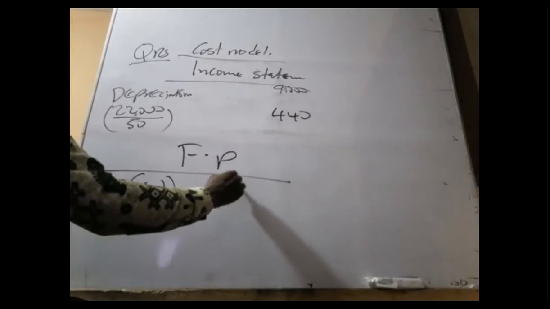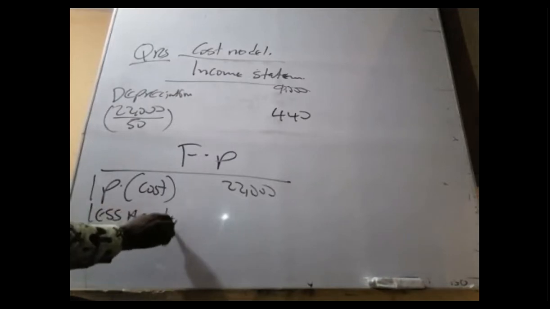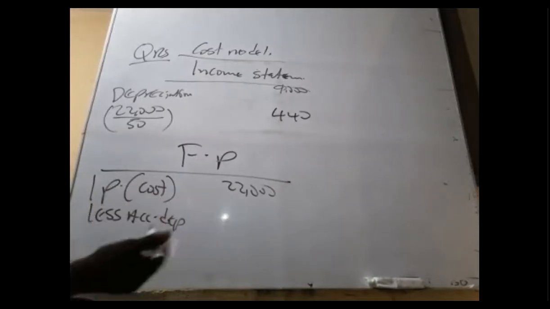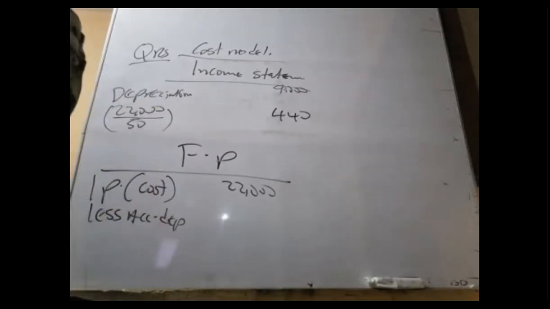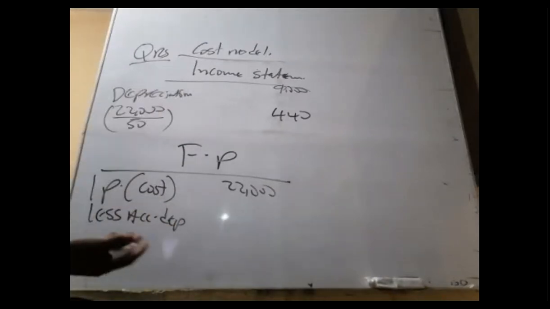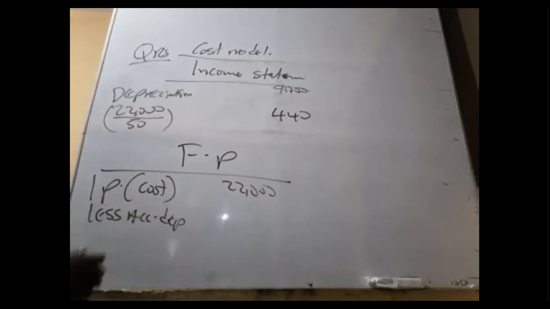The cost is 22,000 less accumulated depreciation. This is what a smart student will do when they do the long approach. That one, you go extra, but the answer is still the same. So just tell the examiner that on a cost model, it's just a transfer. So it's the accumulated depreciation.